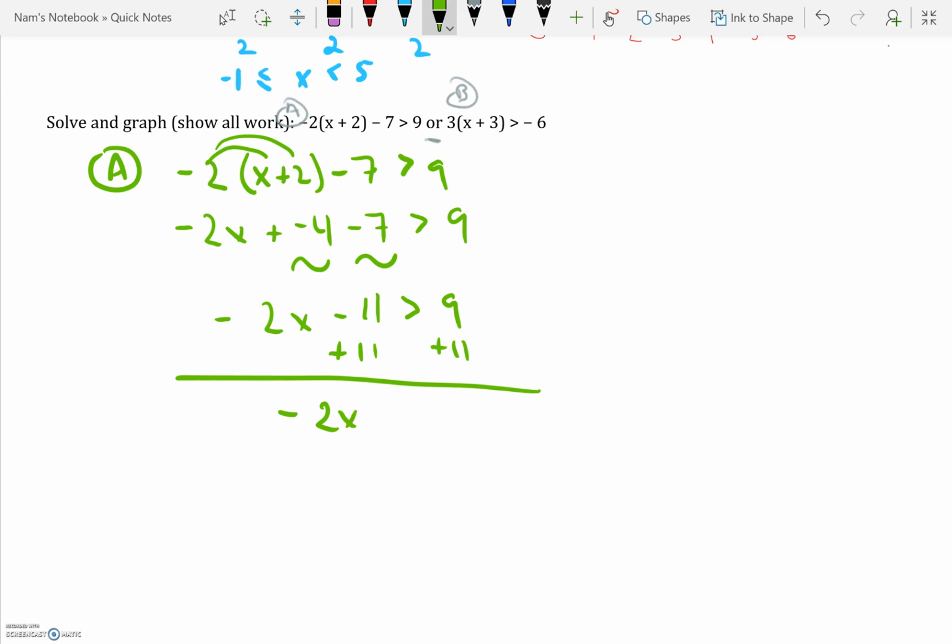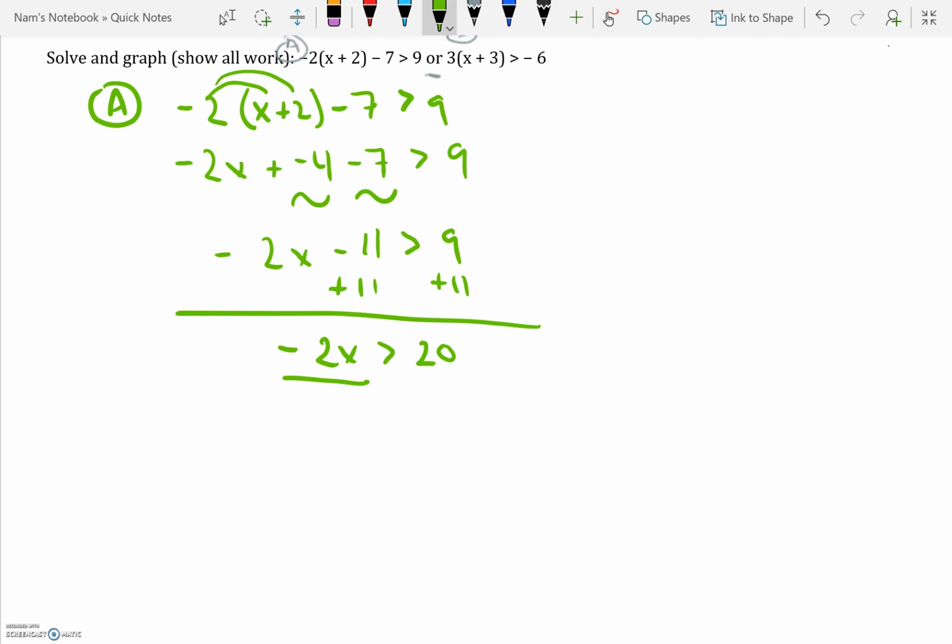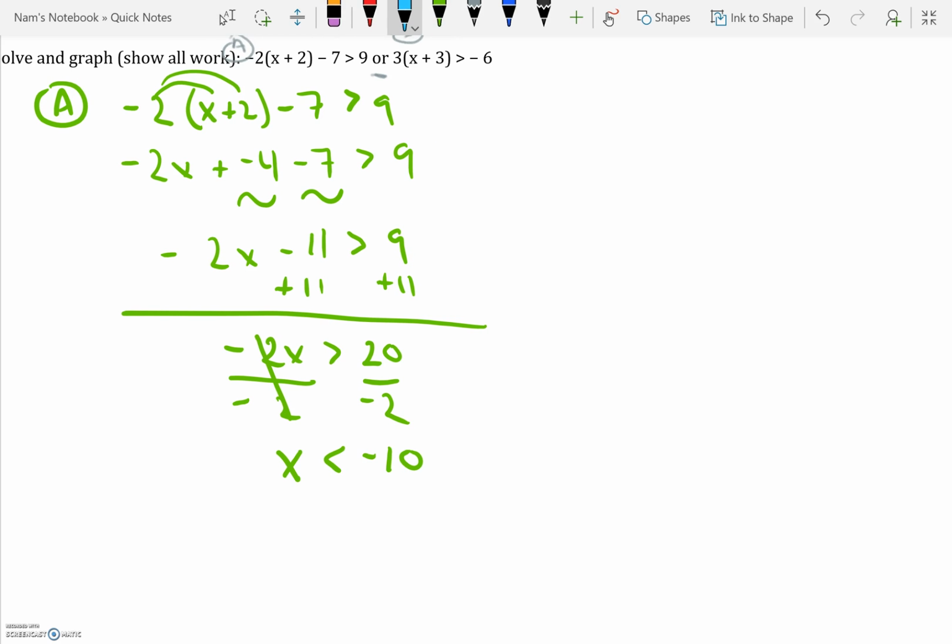And I get negative 2x is greater than 20. Going to divide both sides by negative 2. What do we notice? Well, we're dividing by a negative coefficient, a negative 2, so we're going to have to flip our sign. So my first solution is x is less than negative 10. So that's A.